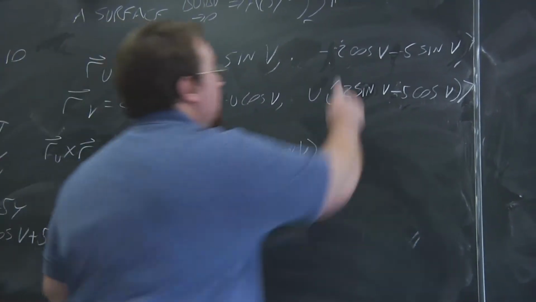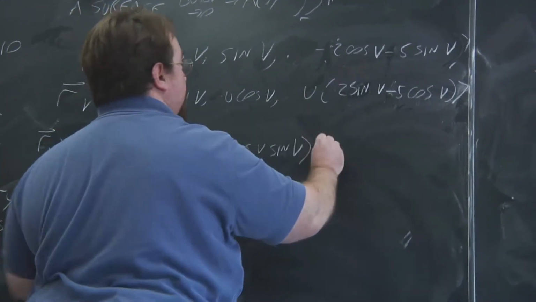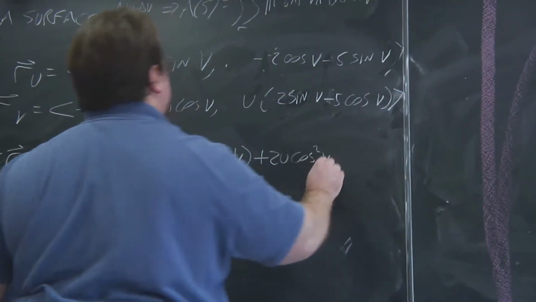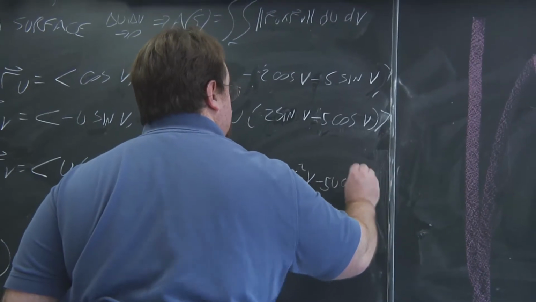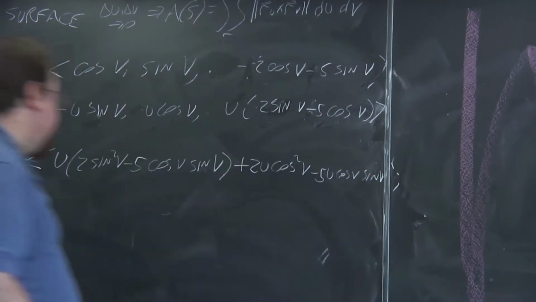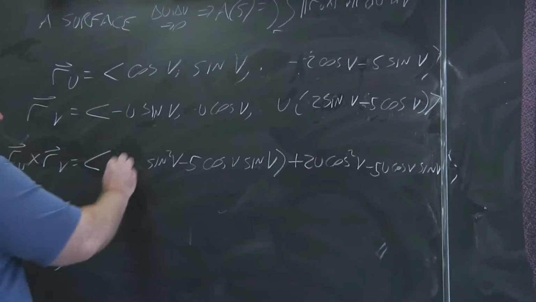These minuses then become pluses, so plus 2u cosine squared v minus 5u cosine v sine v. So that's one component. I'm going to distribute the u through this part.